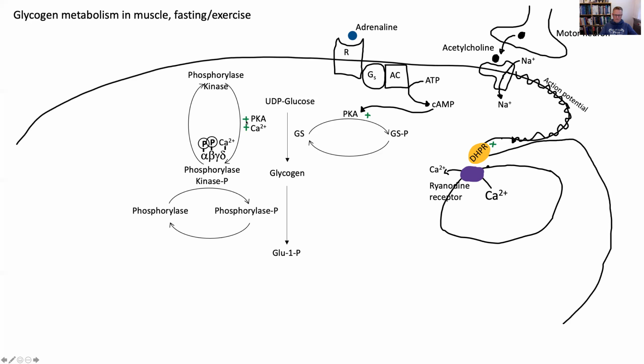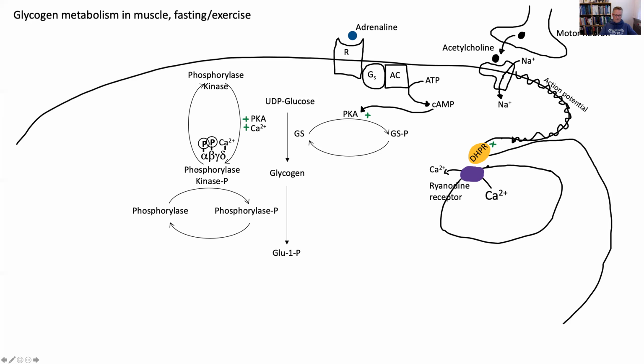Protein kinase A can phosphorylate two subunits, the alpha and beta subunits of phosphorylase kinase, and the calcium ions can bind to a subunit of phosphorylase kinase, which is a delta subunit, which also is calmodulin. So once we activate protein kinase A by adrenaline and increase calcium concentrations in the cytosol by stimulating production of acetylcholine, we will see an increase in the activity of phosphorylase kinase.